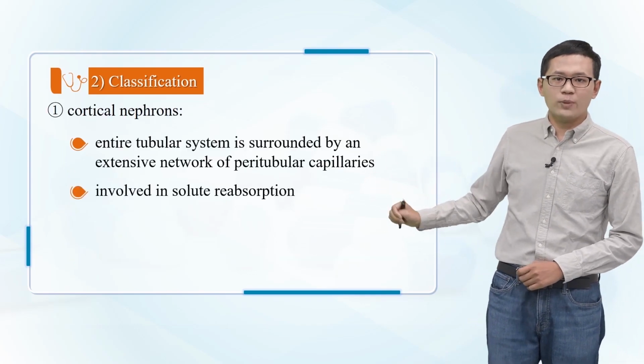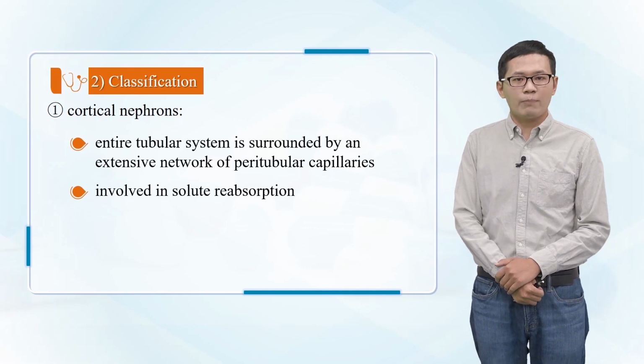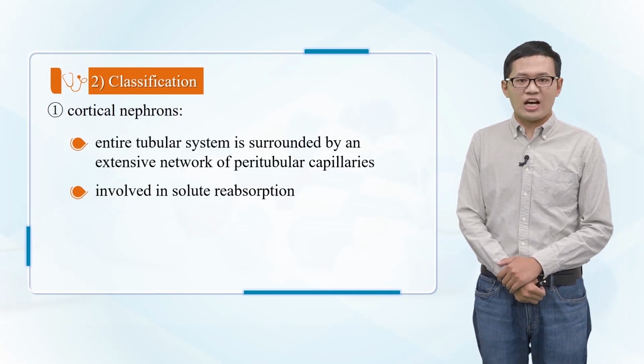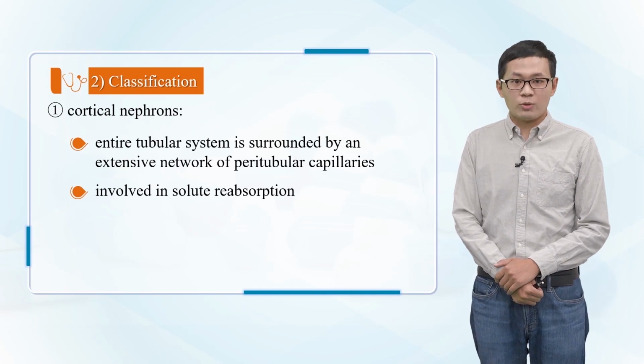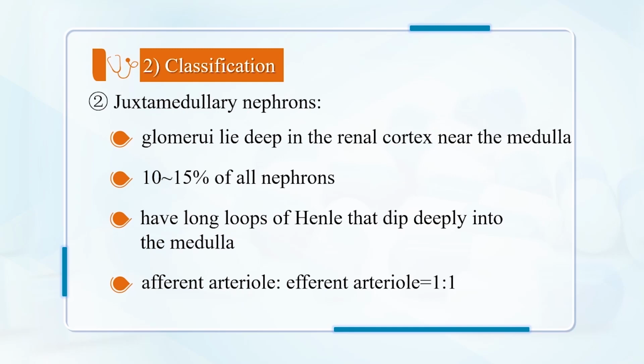The entire tubular system is surrounded by an extended network of peritubular capillaries. They are involved in solute resorption. The juxtamedullary nephrons occupy 10 to 15% of all nephrons. Their glomeruli lie deeply in the renal cortex near the medulla and have long loops of Henle that extend deeply into the medulla.